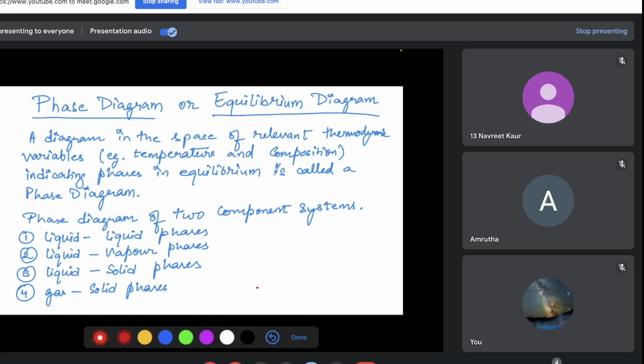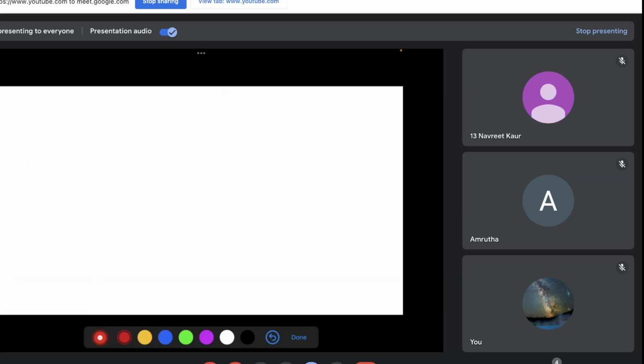Now in the given problem we are discussing the liquid and solid phase of the two component system. So the axis for the two component system, the temperature axis. If this is the temperature axis and this is my component, in my problem I will discuss this in a similar manner.